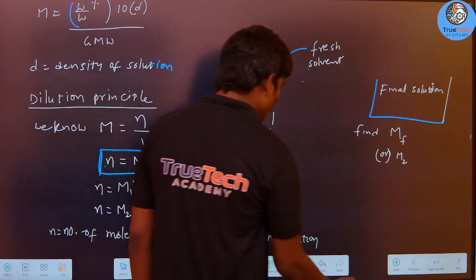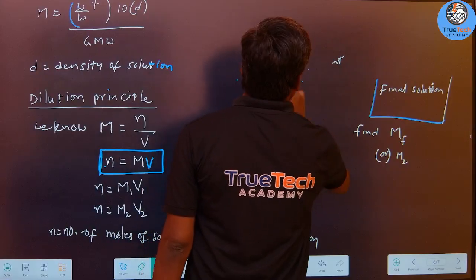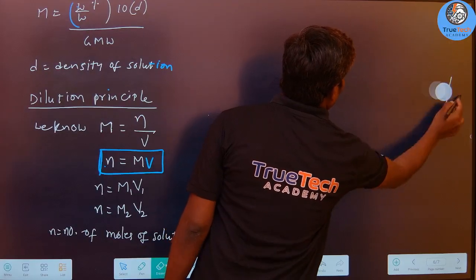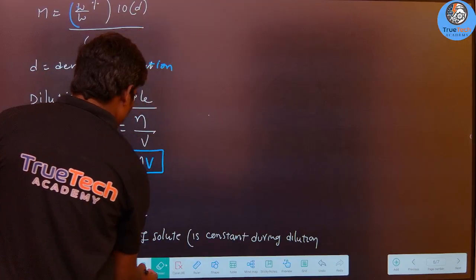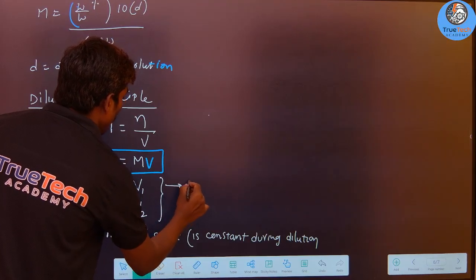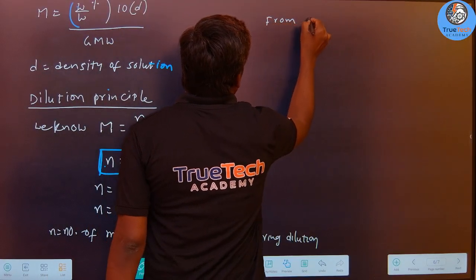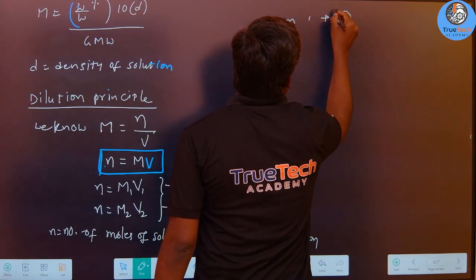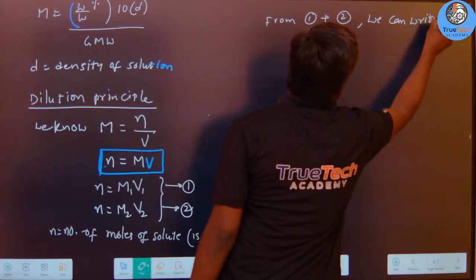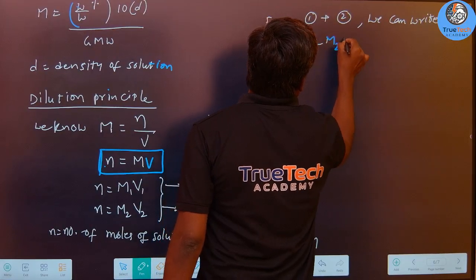From this, calling these equations 1 and 2, from 1 and 2 we can write M1 V1 equals M2 V2.